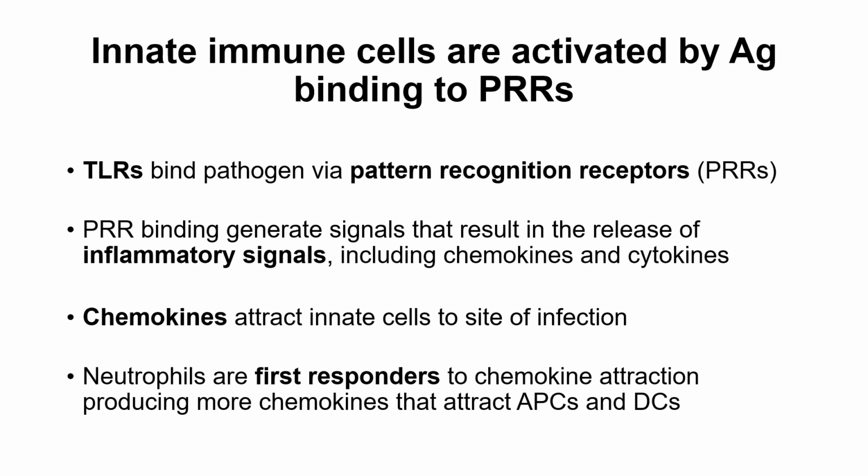This pattern recognition receptor binding generates signals that release inflammatory signals, including cytokines and chemokines. And again, those affect the blood vessels and the tissues. So these initial early signals, when a bacterium or a virus penetrates into the body and gets picked up on by these pattern recognition receptors, remember, those are present on all your cells, not just your immune cells, but all your cells.